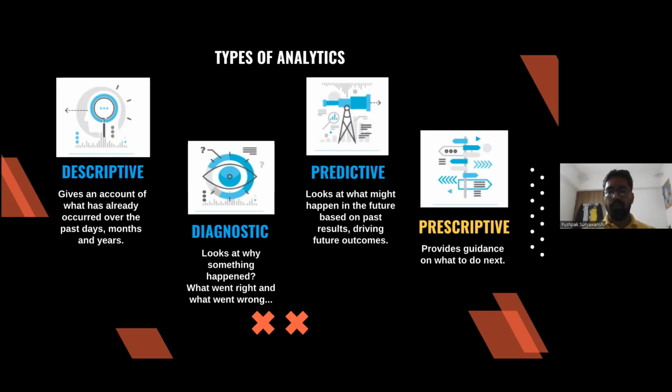It tells us, if a company has a specific goal that it has to achieve in the next few months, how it can achieve it. So this is all about prescriptive analytics. These were the 4 types of analytics.